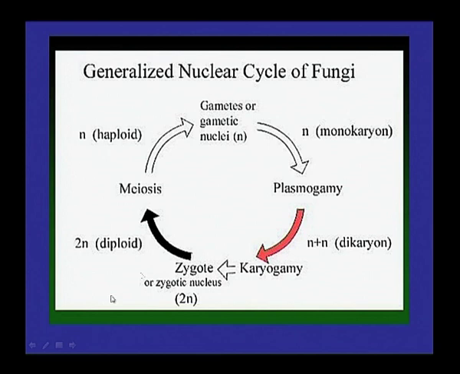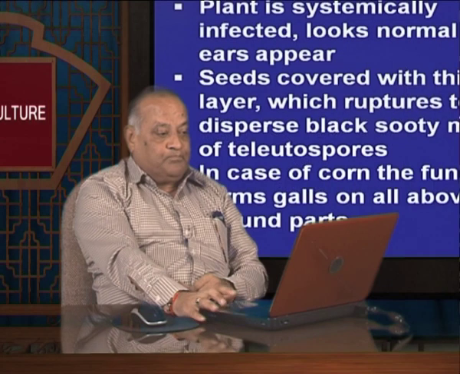Then there is plasmogamy. Then 2n dikaryon, then karyogamy occurs, and a 2n zygote, that is diploid in nature, is formed, and after meiosis or reduction division, haploid spores or gametes are formed. So, this type of general life cycle is there in the higher basidiomycetes or smuts and rusts.